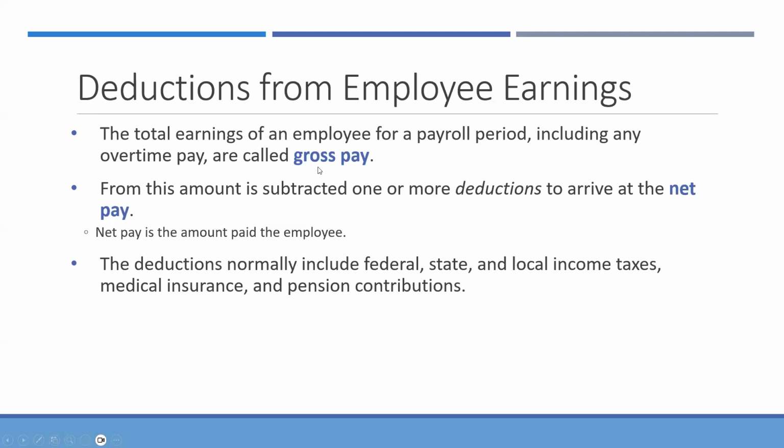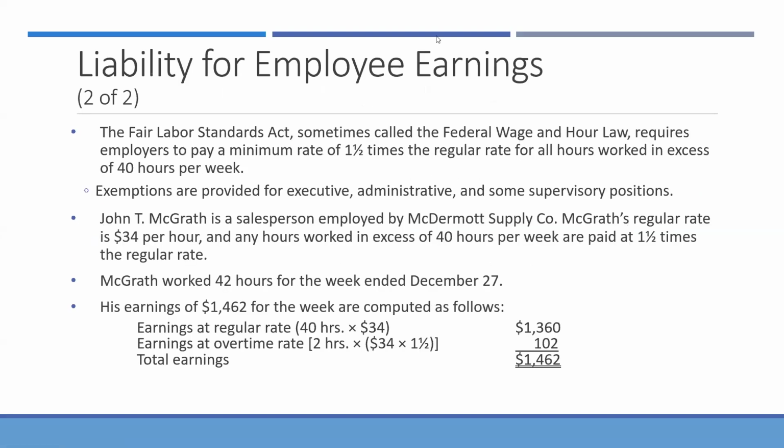The key thing to note is that the gross pay is the salary expense for the business. All these deductions to arrive at the net pay are paid by the employee. John earned $1,462 this week, and that's going to be the salary expense for John's wages this week.